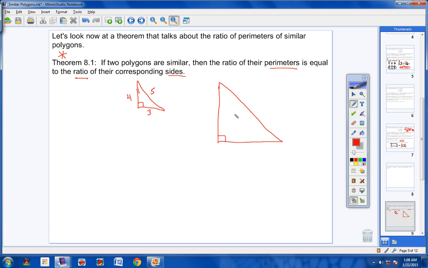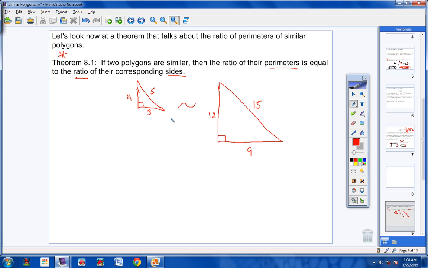And even though I don't know the angles, we're going to pretend they're similar. We're going to say they are similar. Let's call this 12, call this 15, call this 9. Now, trust me, the two triangles are similar.